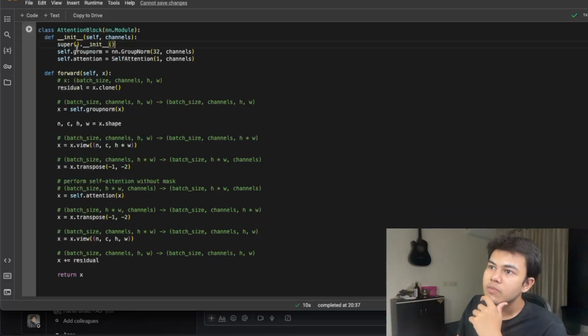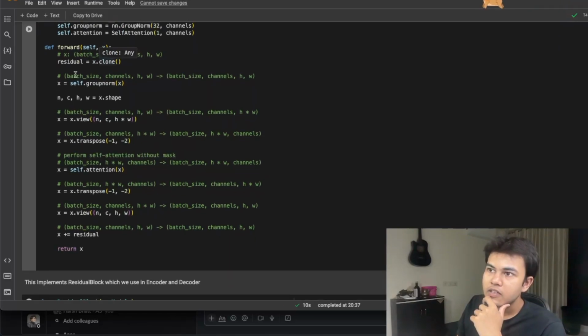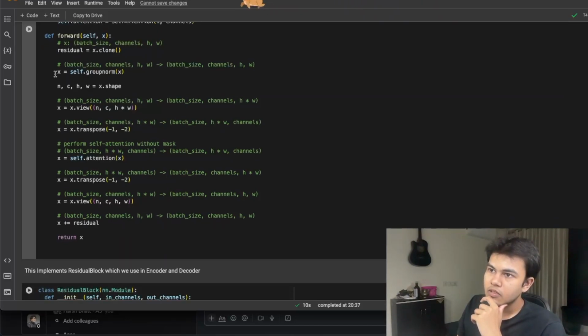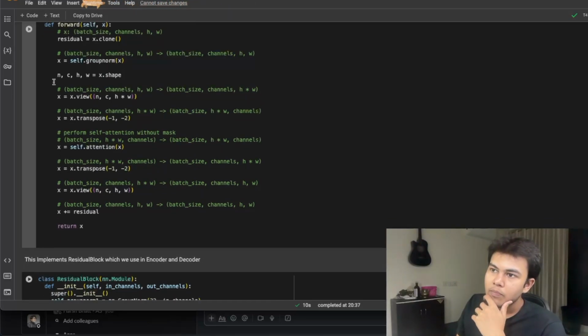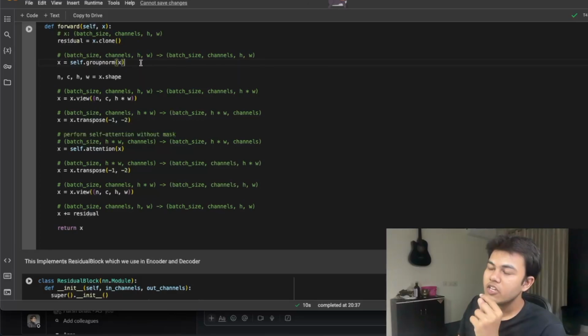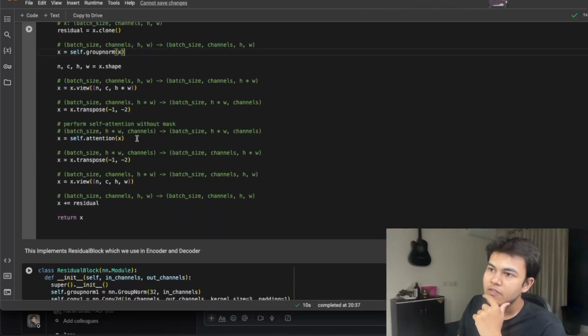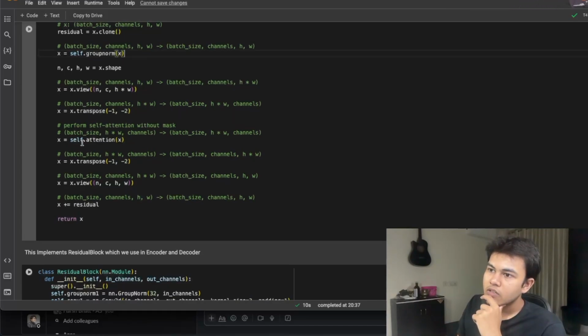So this attention block first initializes a group norm and the attention, which is the self attention module we have defined, and then in forward we have this residual, where we are cloning the x first, and then calling the group norm, and then we are changing the shape to work with the self attention module here.